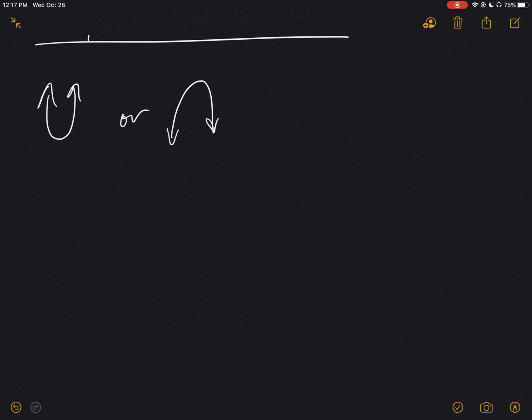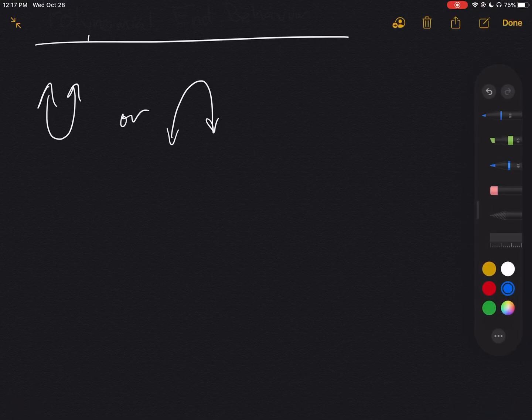That affected the range of values we could get out. If it was opening up, I had some minimum value and could get all sorts of y values above that. The opposite was true if it was opening down, where I had a maximum at my vertex and would only get values below that.